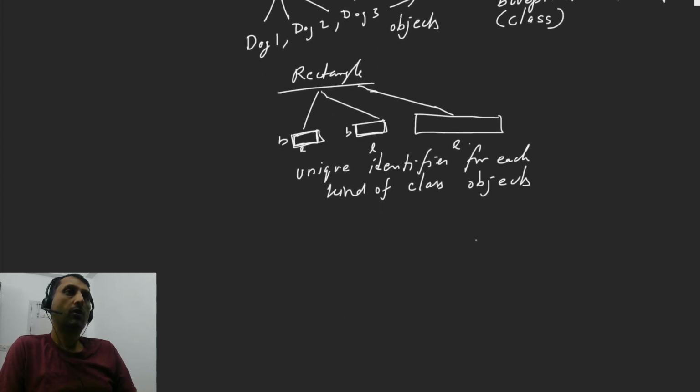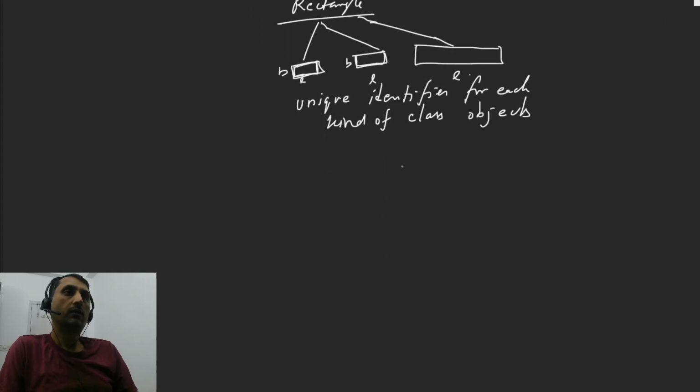So what should an object have? It must have a unique identifier. It can or cannot have attributes. It can or cannot have methods or functions.